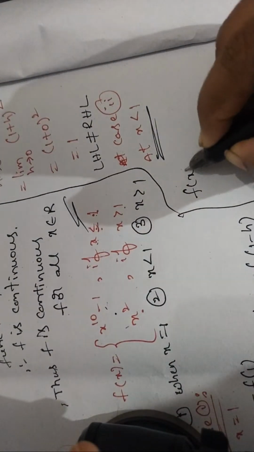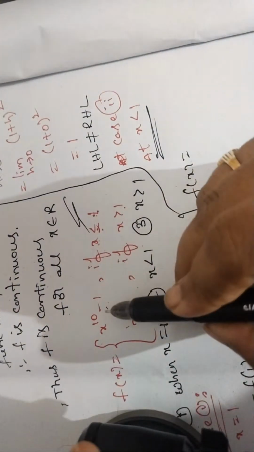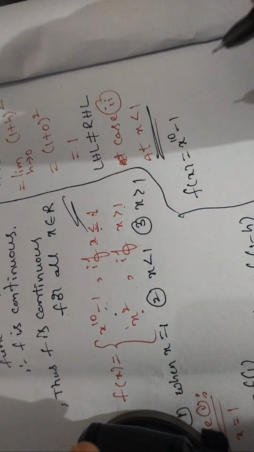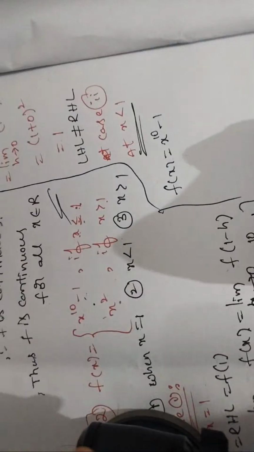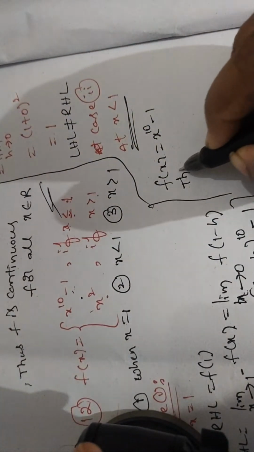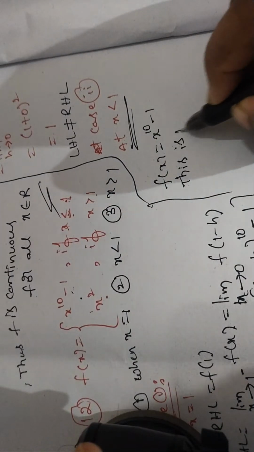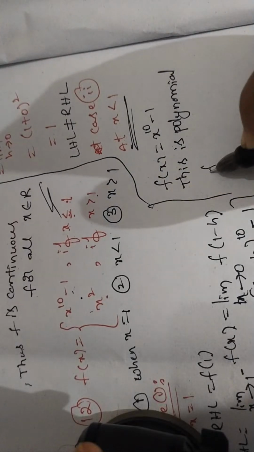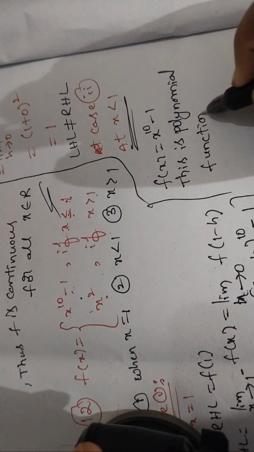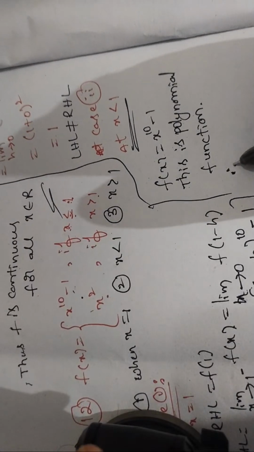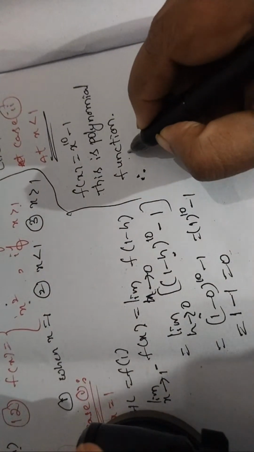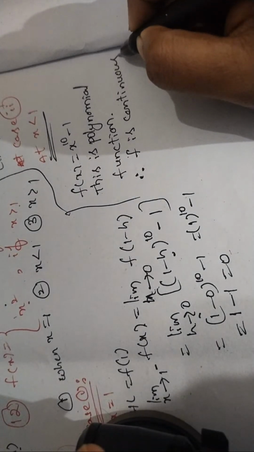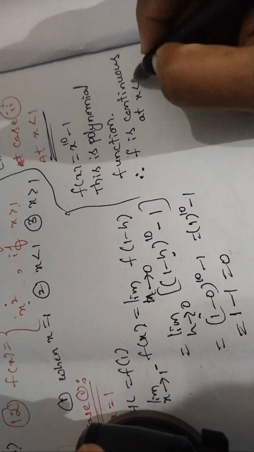So f of x is equal to x power 10 minus 1 at that time. This is a polynomial function. A polynomial function means it is continuous. Therefore, f is continuous at x less than 1.